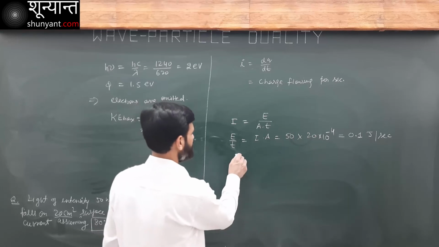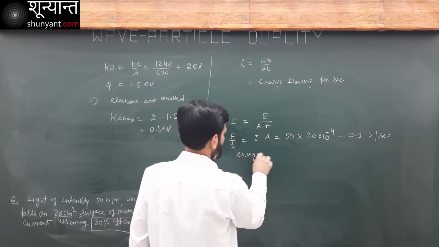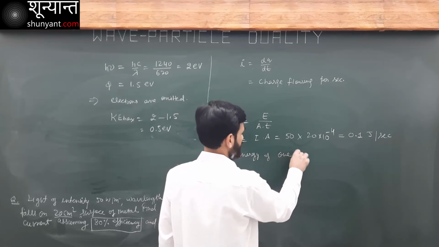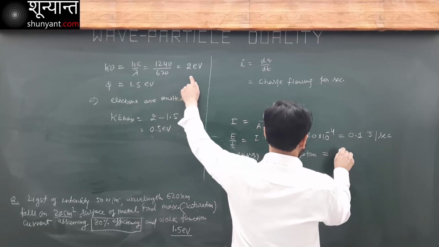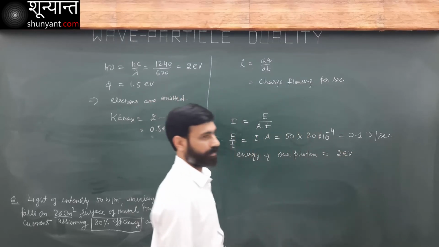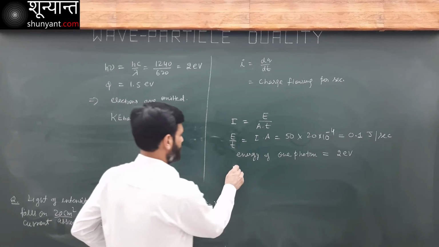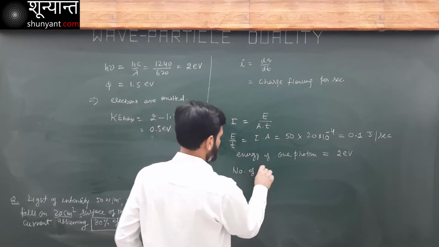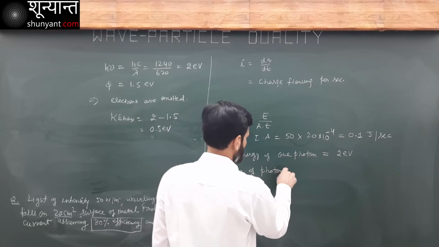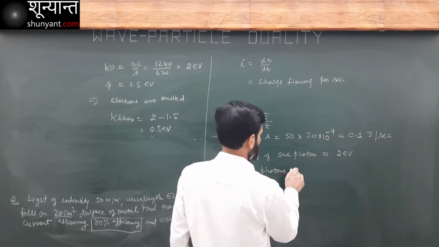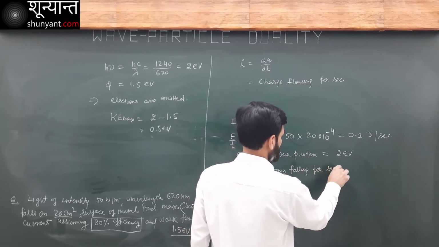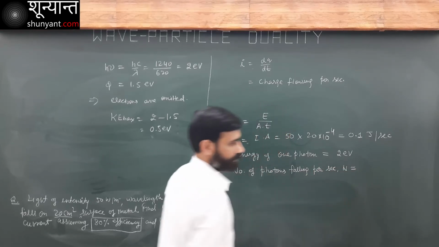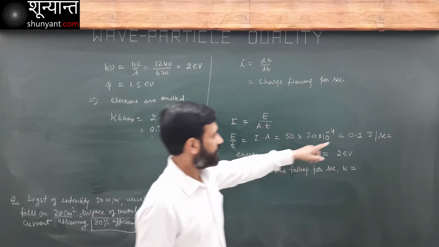Okay. What is energy of one photon? Energy of one photon is equal to 2 electron volt. Okay. Now number of photons incident falling per second. Let's say n is equal to, this is total energy.